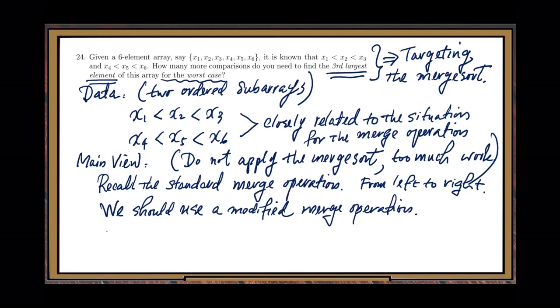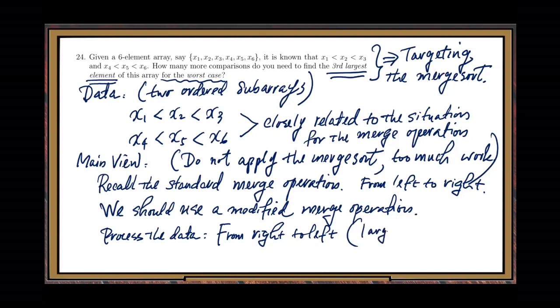We process data from right to left. The reason is simple. From right to left, the first time we put the largest in place, the second time the second largest, the third time the third largest.